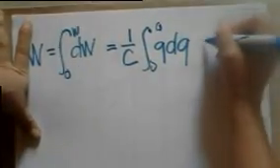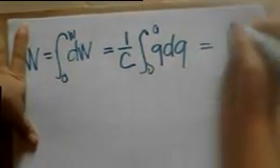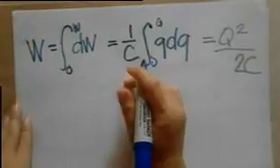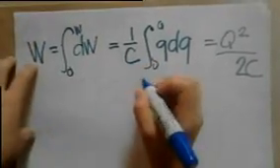So 1 over C times the integral of q dq from 0 to Q. The integral of q dq is equal to q squared over 2, so W equals Q squared over 2C, since C is constant. So this is the work to charge a capacitor, and we can denote this as our equation 8.